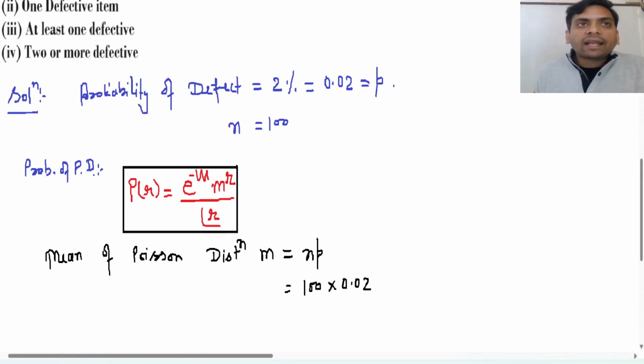Listen, we are writing the general term for the probability formula because we need this term for all the parts. So this equals 2. The mean for this distribution is 2. Clear? Now we will focus on these questions. Defects may be 1 out of 100, defects may be 1, 2, 3, 4, or defects may be 0. Zero means no defect. This means R equals 0. So for no defect, this is the first case.